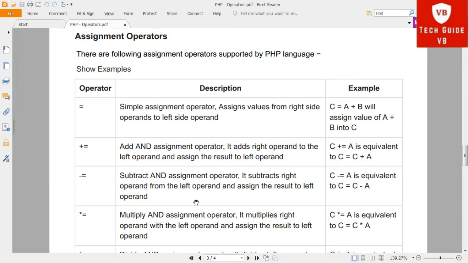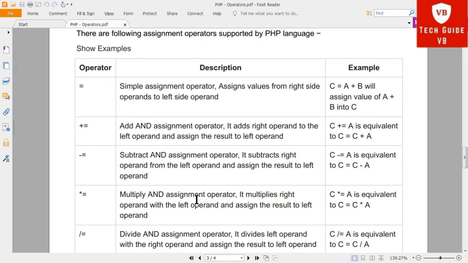Then the operator is minus equal to, the subtract and assignment operator. It subtracts the right operand from the left operand and assigns the result to the left operand. C -= A is equivalent to C = C - A. Multiply and assignment operator: it multiplies the right operand with the left operand and assigns the result to the left operand.